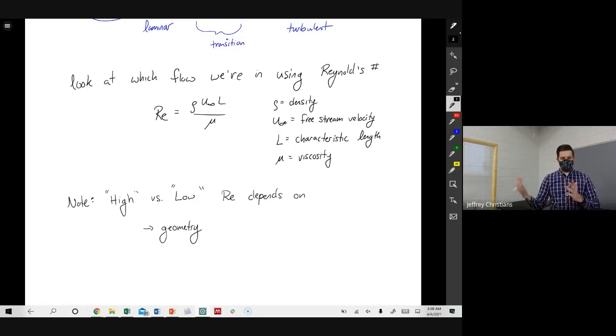If you have a flow down a flat plate, that's one thing. If you have flow over top of a cylinder, that's another thing. If you have flow inside of a pipe, that's something totally different. So you have to know what is the system that we're specifically talking about.